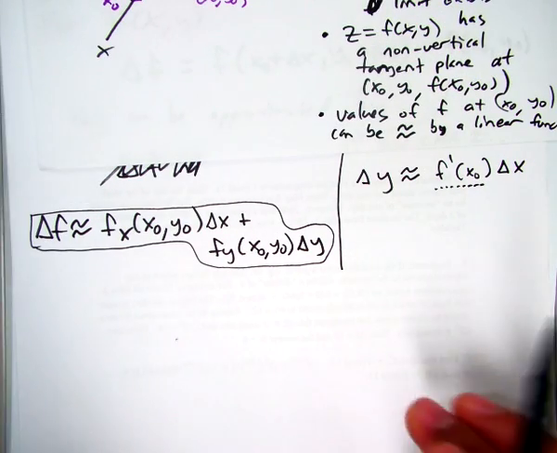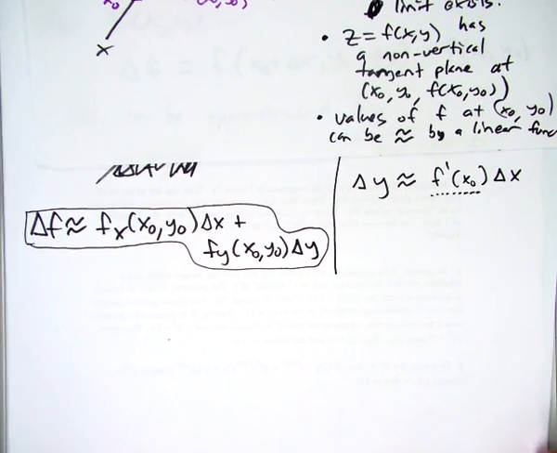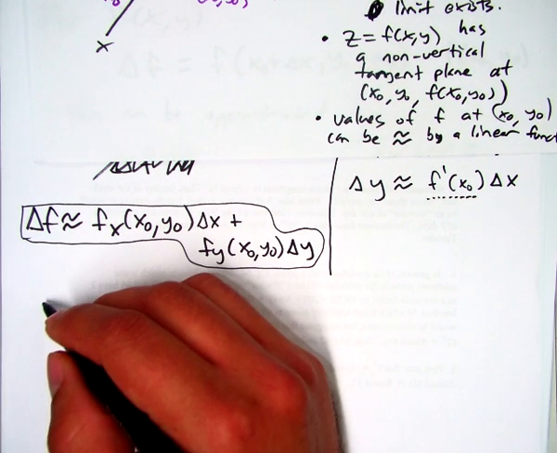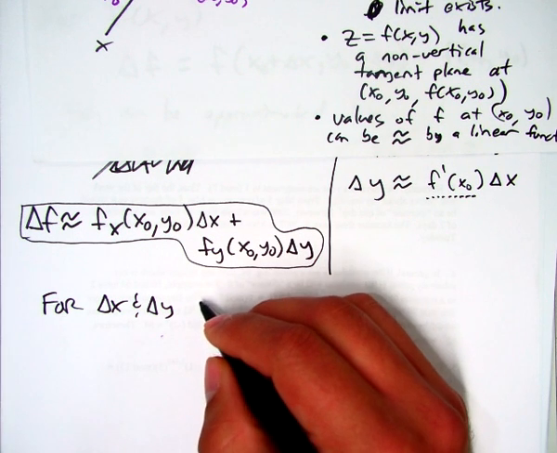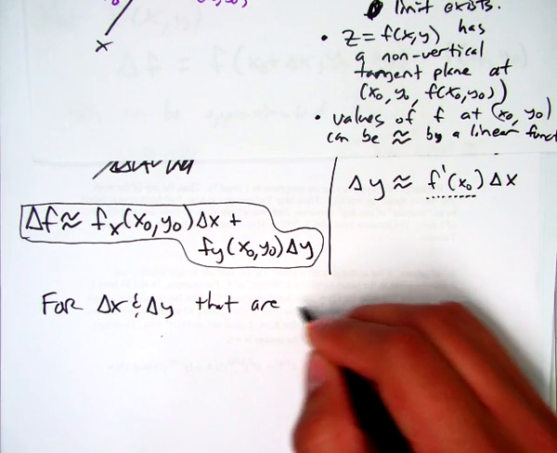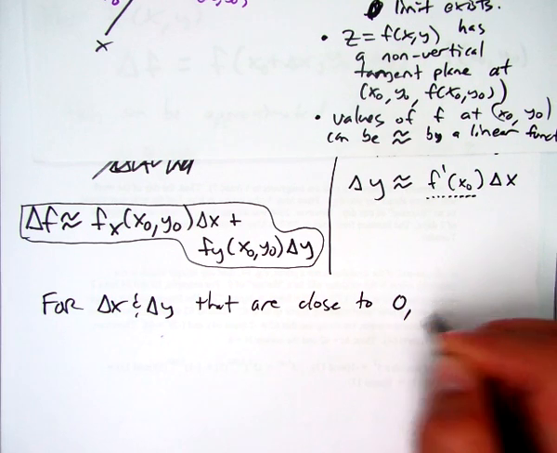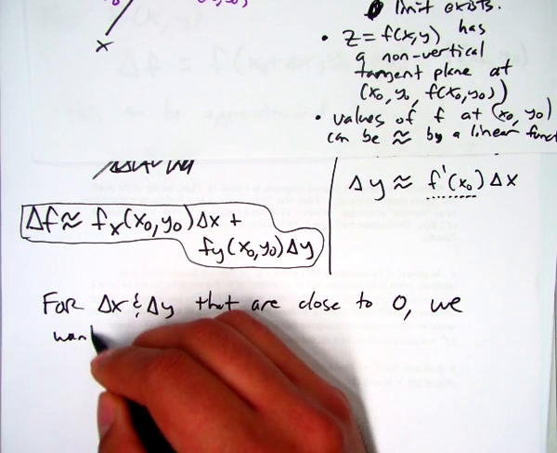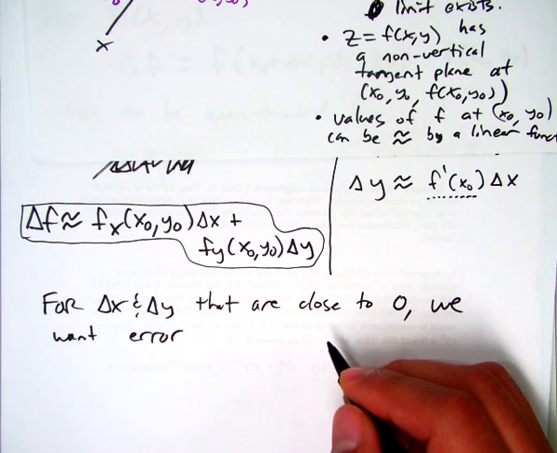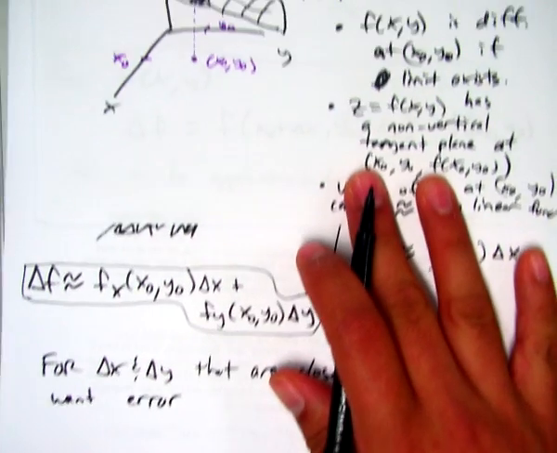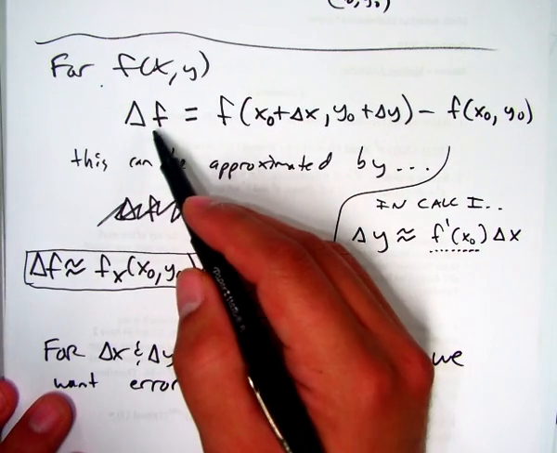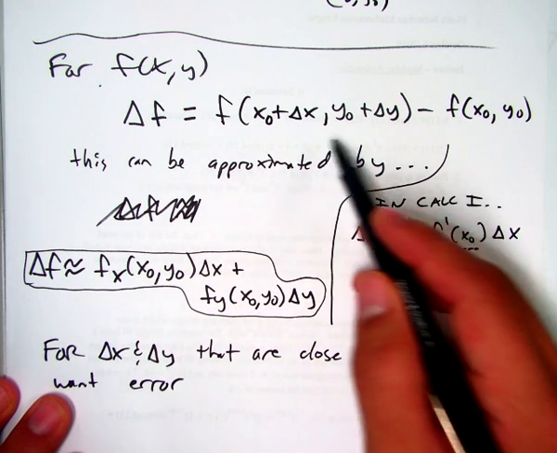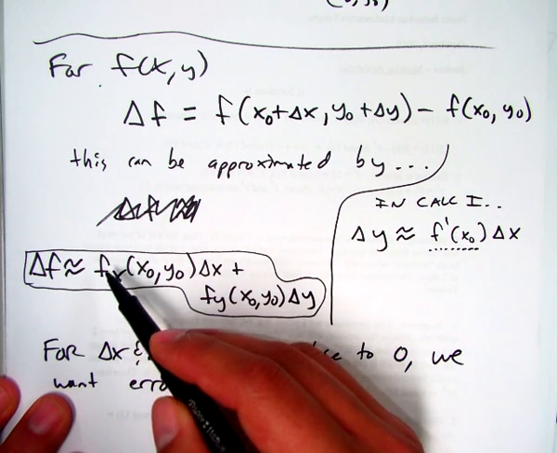All right. So we're building up to the definition of differentiability, so just bear with me here. For delta x and delta y that are really close to 0, we want the error between the actual change, which is calculated this way, and the approximate change.